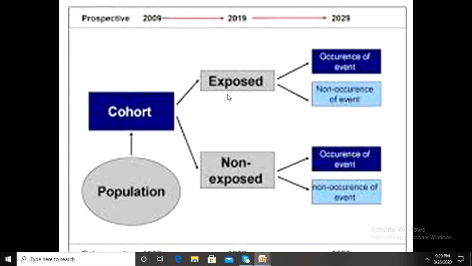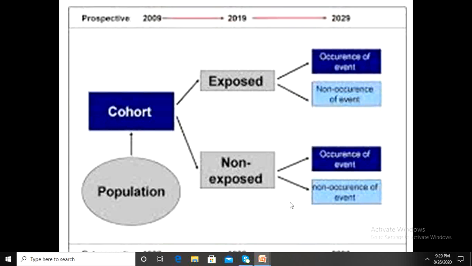Then they are divided into two groups: exposed, those who are smokers, and non-exposed, those who do not smoke. And then over a period of 20 to 25 years, even 30 years, we can follow them. And then we can see the number of cases of lung cancer which appeared in the exposed group, and the number of normal cases which remained in the exposed group.